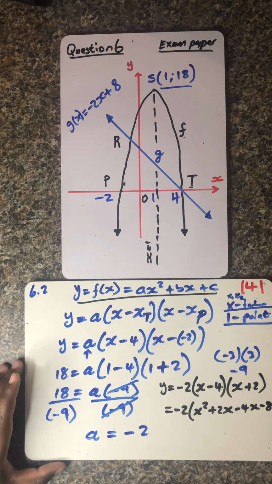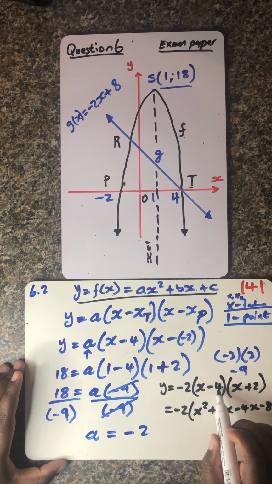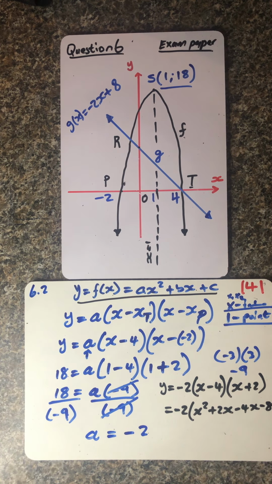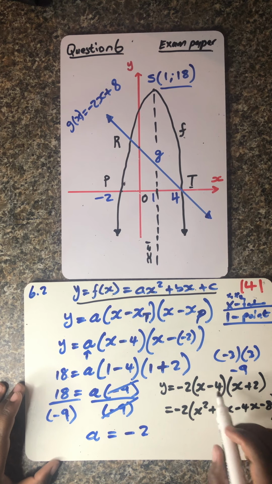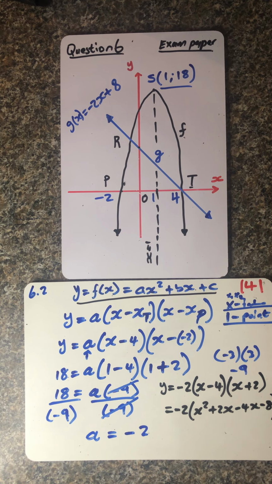Isn't it -8? I think it's because 4 multiplied by that is equal to 8, and it's a minus sign. Why a minus sign? Obviously because of that minus over there.